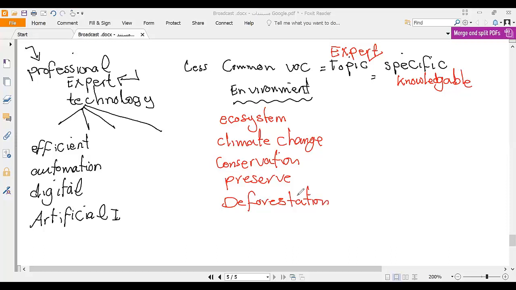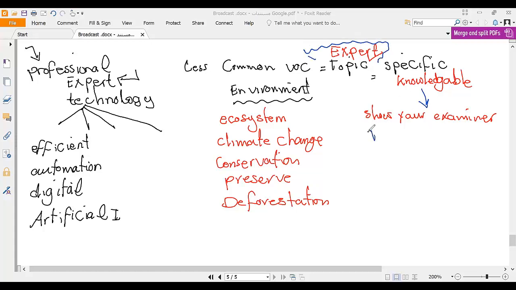That's nice till now. So as we mentioned here, by the less common vocabulary or the topic specific vocabulary, we mean the words that show your examiner that you are expert enough about the topic you are writing about, that you are knowledgeable and really expert.